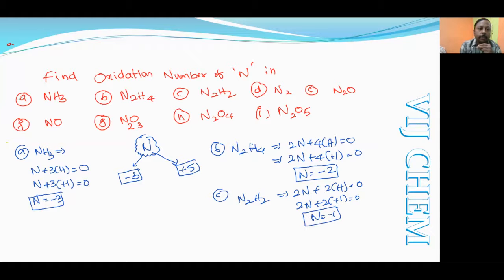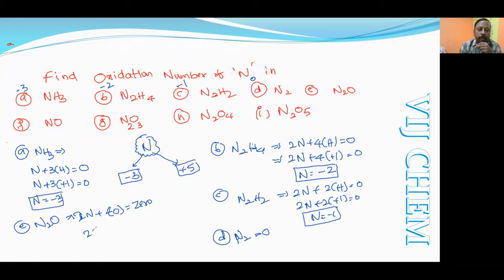So nitrogen can show, see here, -3, -2, -1. And here it is the elementary state, so directly I am writing without finding anything. In elementary state, oxidation number will be how much? 0. So up to D, I think it is clear. Now E, I am writing here N2O. In N2O, 2 into nitrogen plus, only one oxygen is there, is equal to 0.